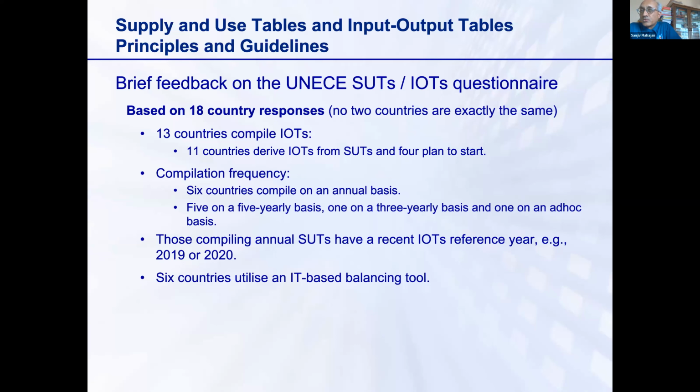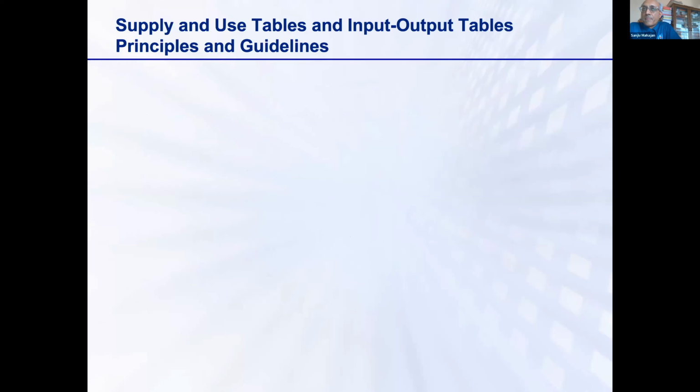Those compiling annual supply and use tables also have a recent input-output reference year. And 6 countries also use an IT balancing tool for the process. And again, I would echo that annual supply and use tables and annual input-output tables is the model that you want to aim for.